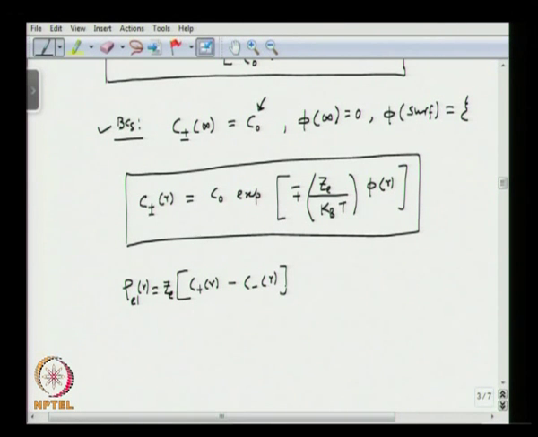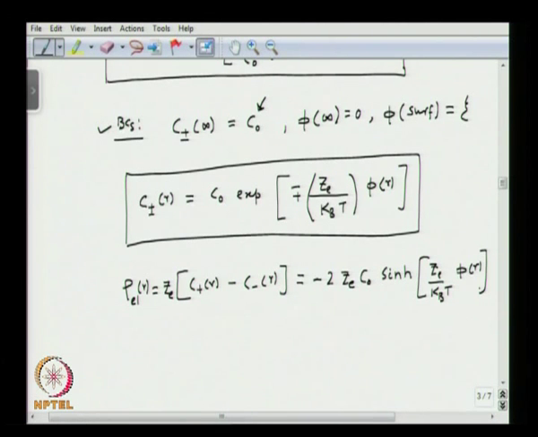So the charge density can be calculated as minus 2 Jd C0 into sine hyperbolic of Jd over Boltzmann constant times temperature into potential.